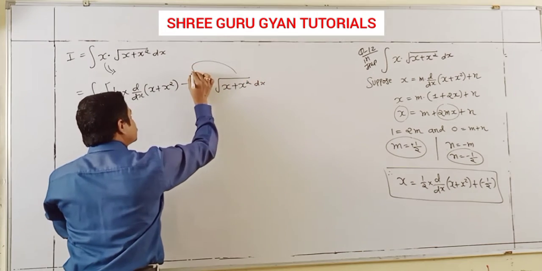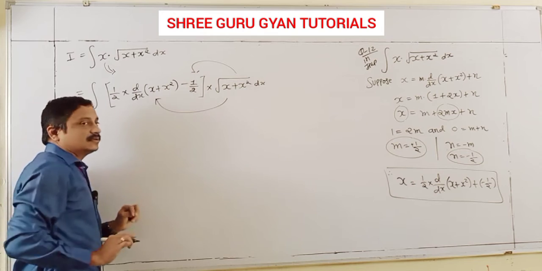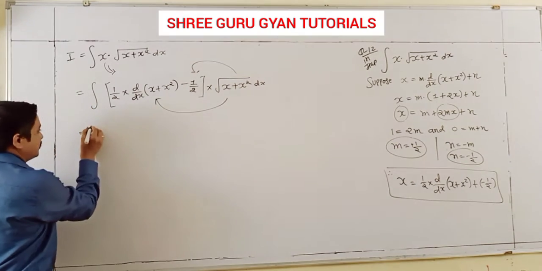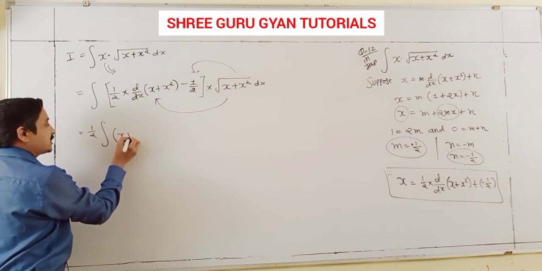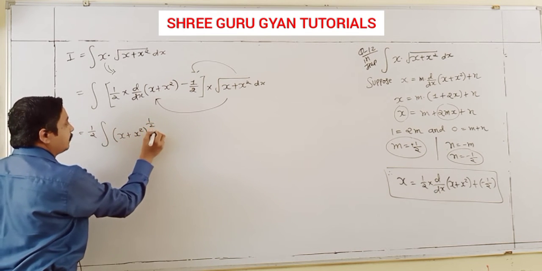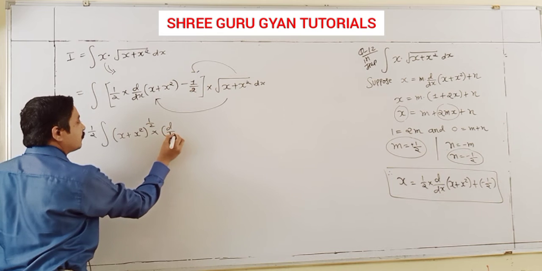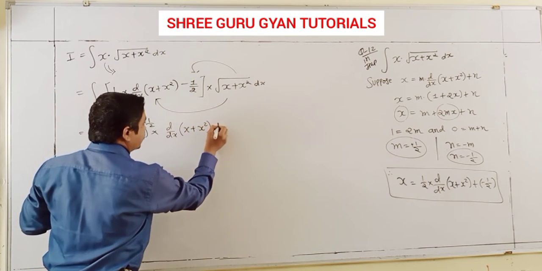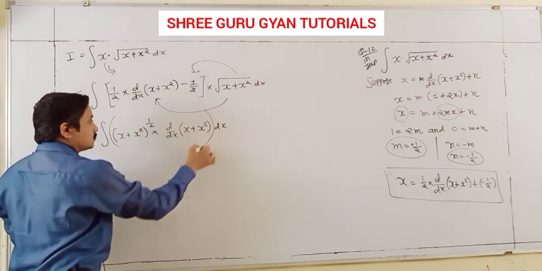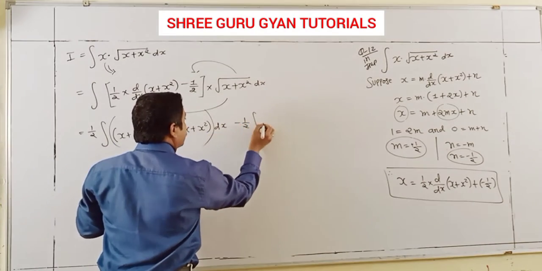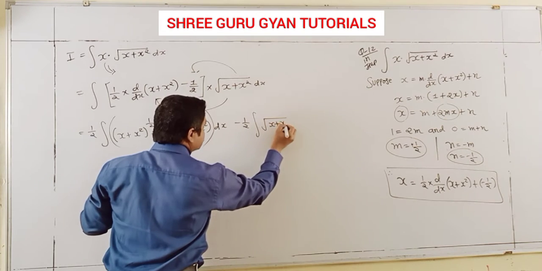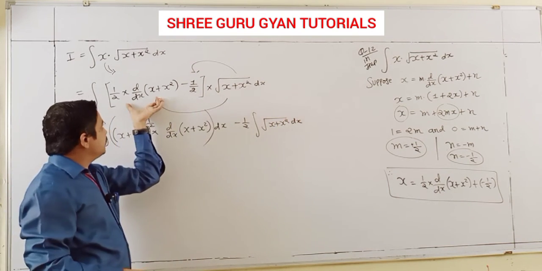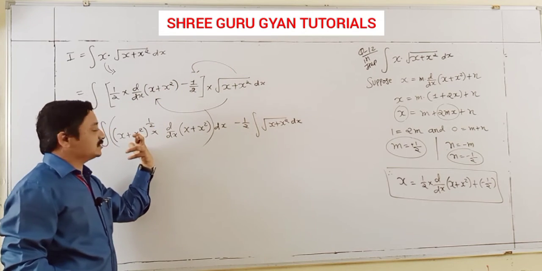Students, you just multiply in both ways one by one. So you first multiply: half, x plus x square with the half power, and d by dx of this as it is, dx, minus half under root x plus x square dx. One more time, repeat: this multiply here, with the power half written.